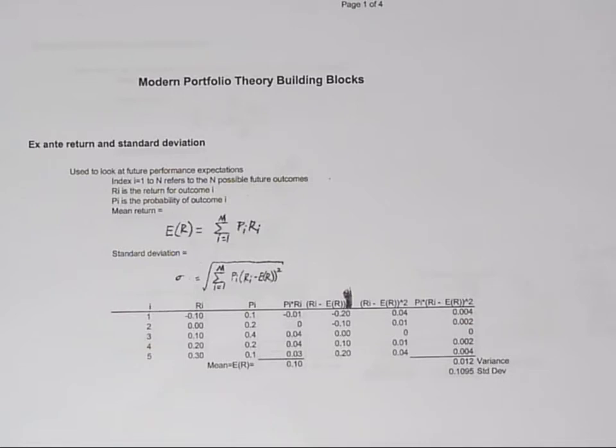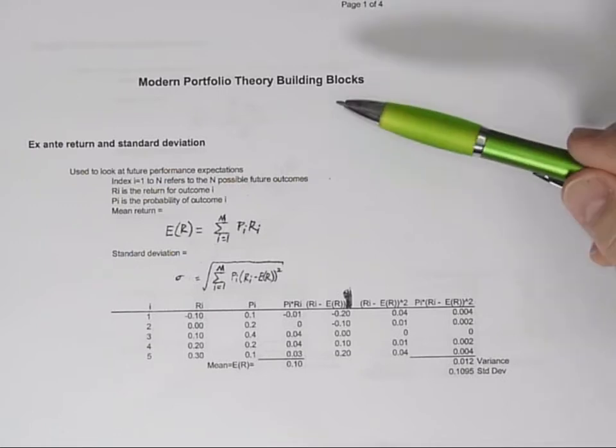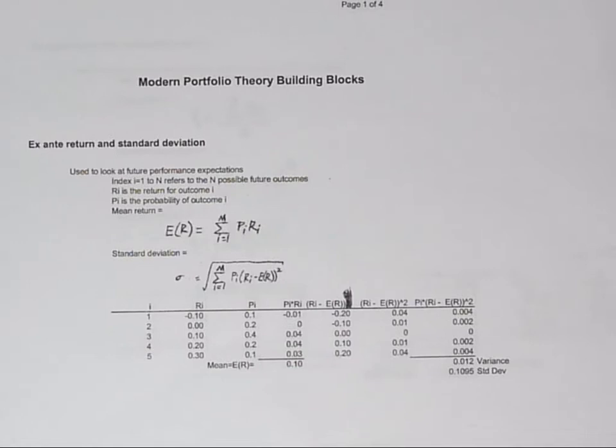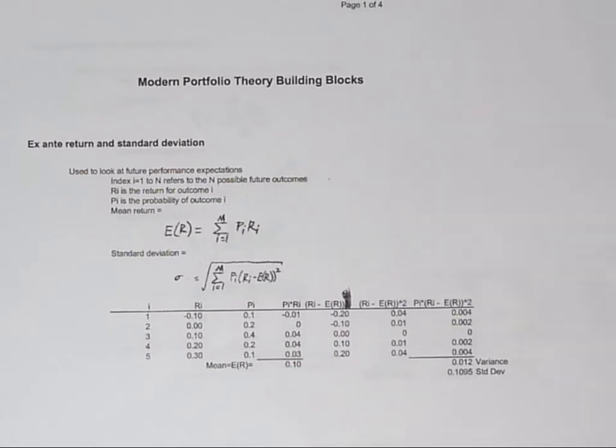The security market line's founder received a Nobel Prize, as did the person who came up with this, which is essentially the mathematics of risk diversification. So let's talk about it.